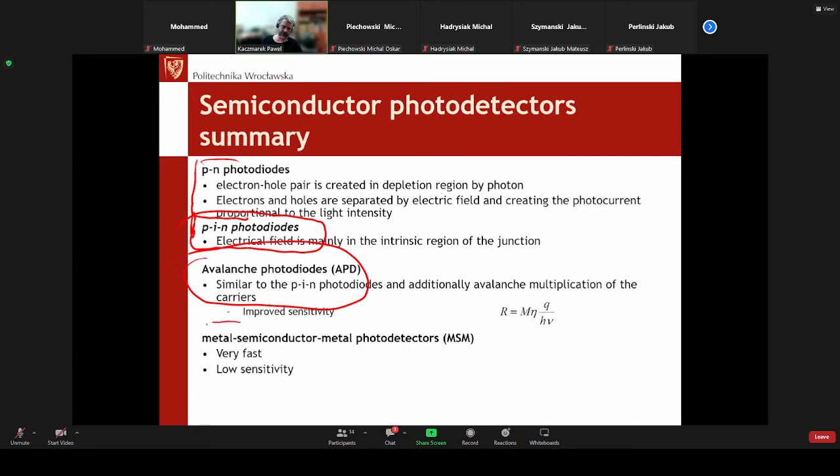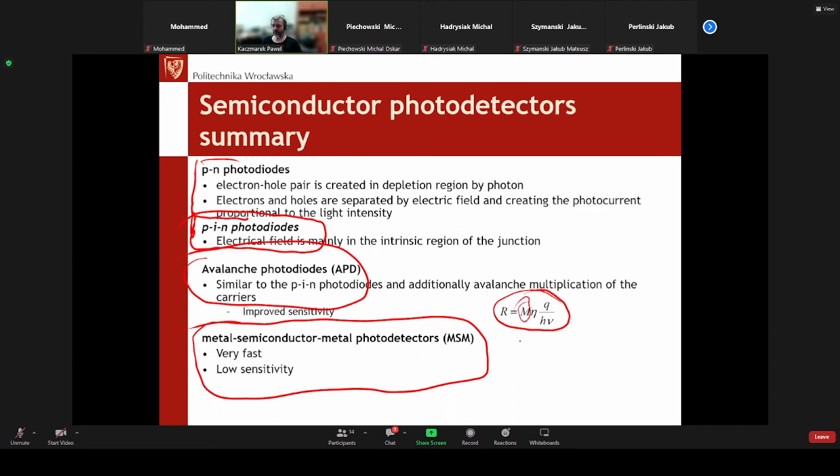If we want to have extremely high bandwidth photodetectors, we are using MSM photodetectors, and the responsivity improved in the APD by this factor of avalanche multiplication. It can take values from 1 up to the hundreds or even thousands, but the rule is, to have high multiplication, we need to be very close to the breakdown voltage for such a photodetector.